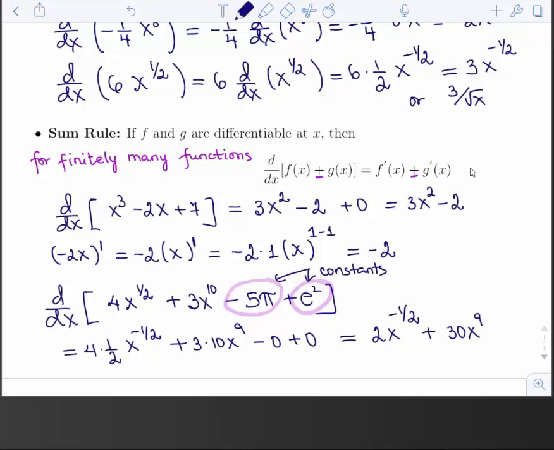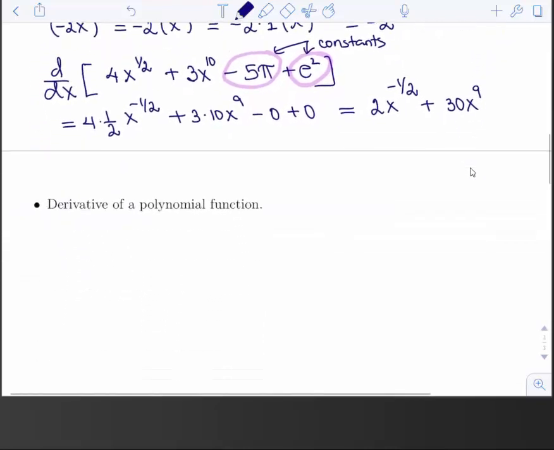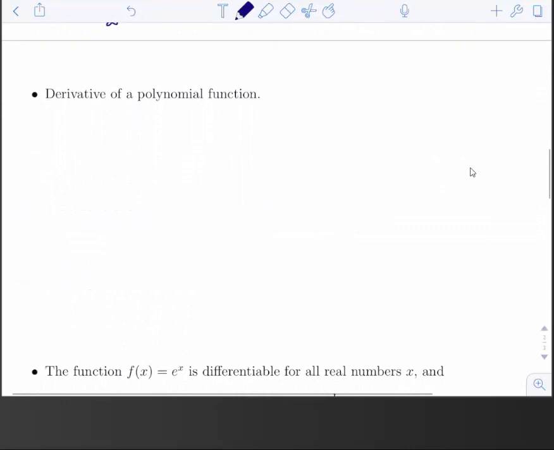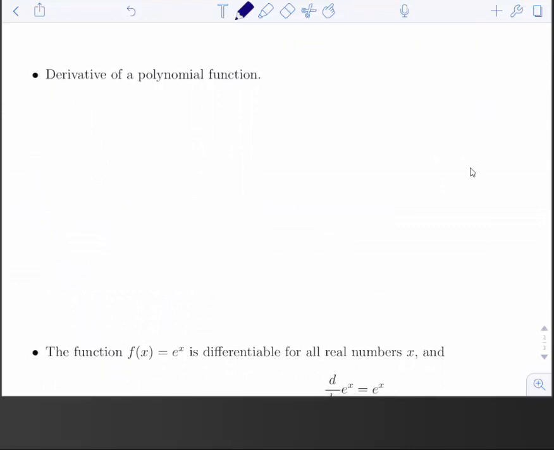All right, we've covered the first 4 rules. Let's keep going. Derivative of a polynomial function. This is just combining all of the rules above. I'll give you a couple more of these. So let's say you have y is 4x to the 5th minus 2x cubed plus 7x minus 10.